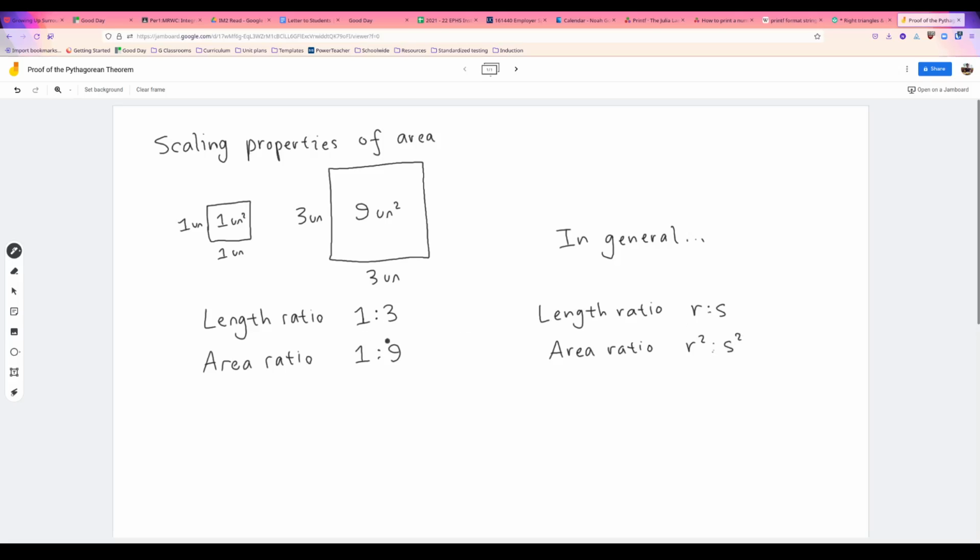So how does this apply here? Well, R was 1. 1 squared is just 1. S was 3. 3 squared is just 9. So you scale by the second power when it comes to area.